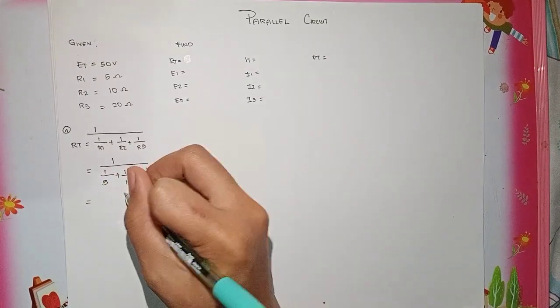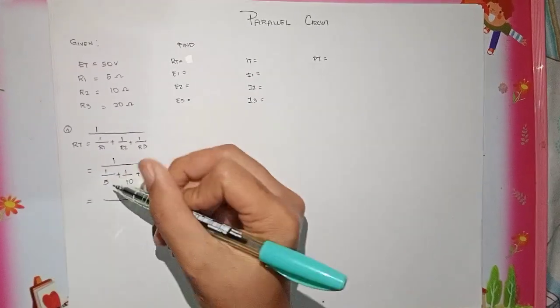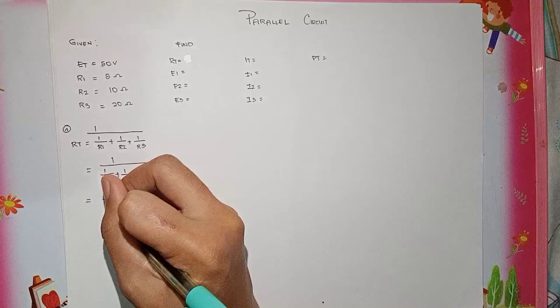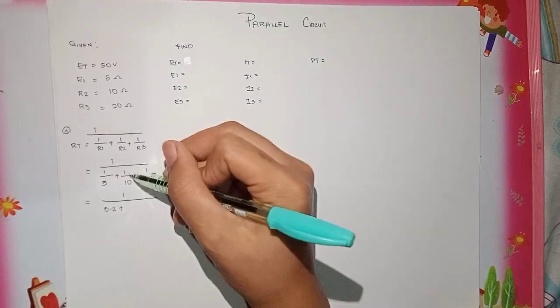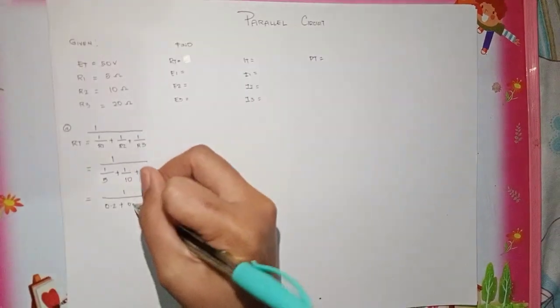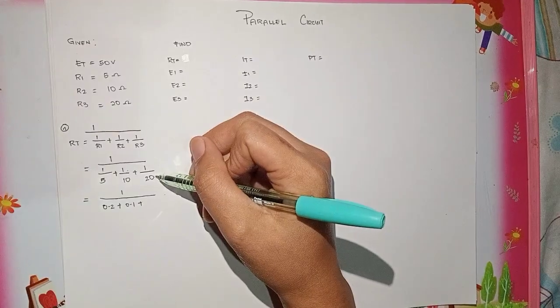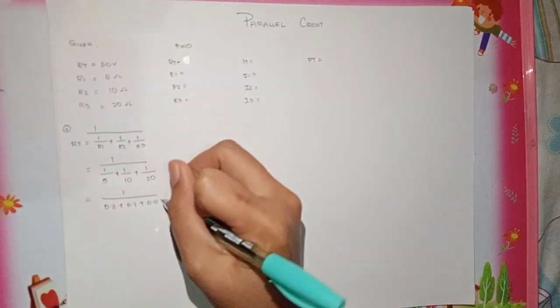So 1 divided by 5 is 0.2, plus 1 divided by 10, 0.1, plus 1 divided by 20, 0.05.